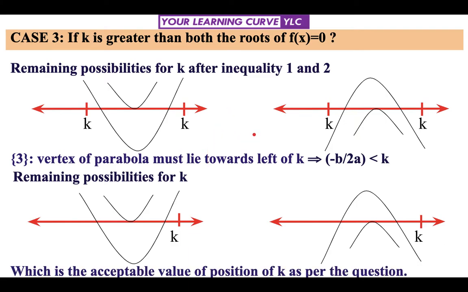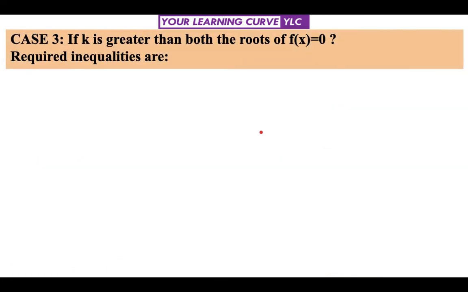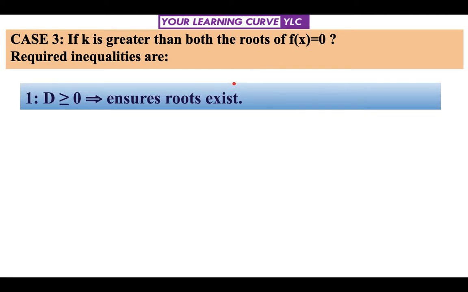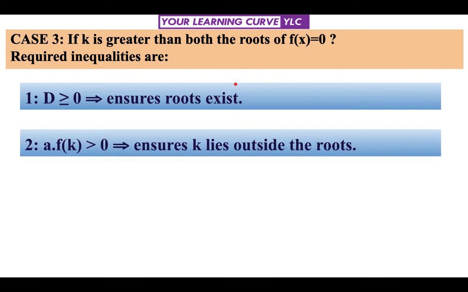So let's sum up the inequalities which we have formed. The required inequalities to ensure that a given number k is greater than both the roots of the function f(x) equal to 0 are: first, we have to ensure that roots exist, so the discriminant is greater than or equal to 0. Second, we have to ensure that k lies outside the roots, that is a f(k) is positive.